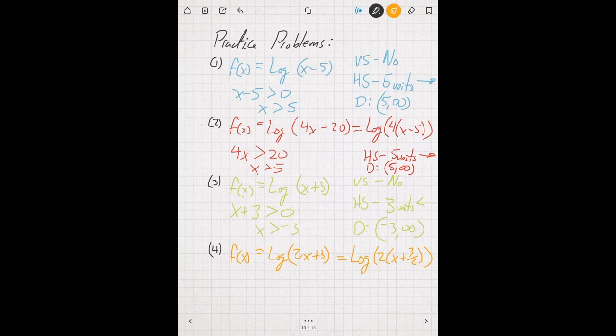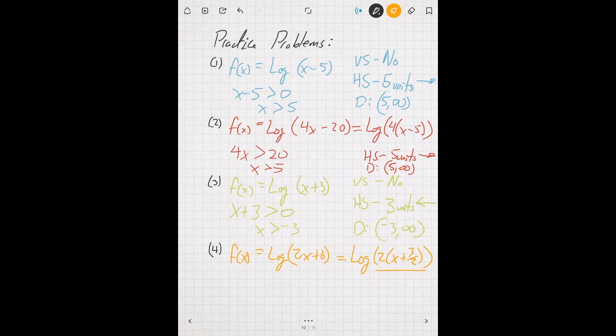All right, well, hopefully you reviewed the same process that we did before. To determine the horizontal shift, I need to know what was added or subtracted to x. Here, I know that I added 3, but I added it to 2x. I want to know what happened to just x. So what I did was I factored out a 2 from everything.